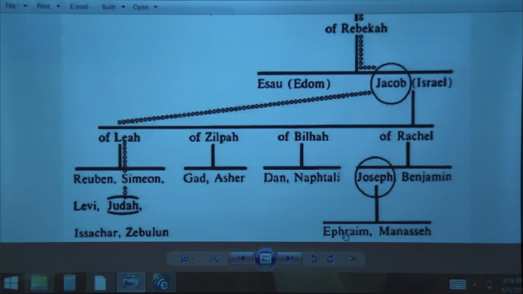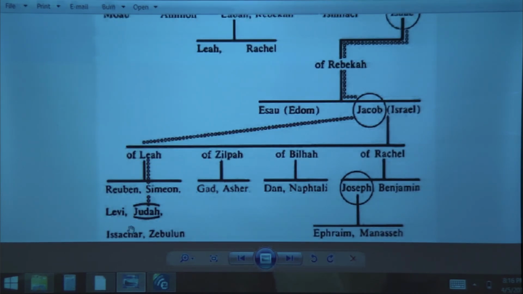Right now we have these 6, these 2, and these 2 as being the 12 tribes. Later on, we're going to see that Joseph is not listed as one of the 12 tribes when they get into the land of Canaan, but Ephraim and Manasseh have taken Joseph's place. That would make 13, right?